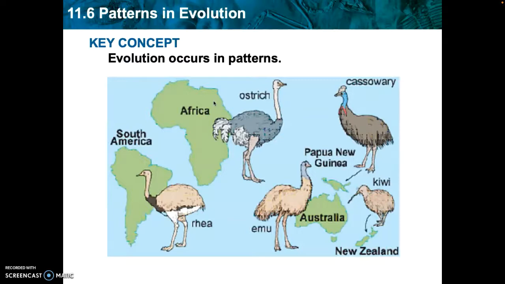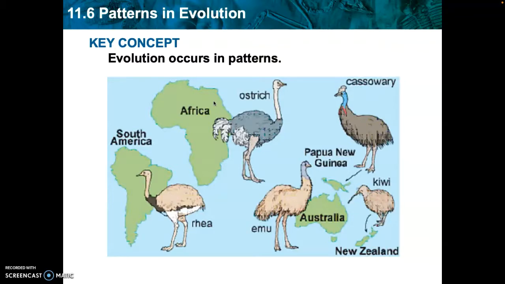Lastly, in Chapter 11, Section 6, we will bring everything together and talk about the overall patterns of evolution in different species. And we will revisit that idea. You see it here in this example. When we were talking about evidence for evolution, we said biogeography shows us how evolution happens independently in different isolated areas, like all of these flightless birds that live on different continents.